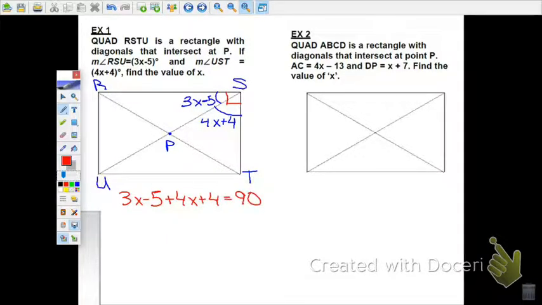So when I combine like terms, I have 7x minus 1 equal to 90. I add 1 to both sides, 7x equals 91, and then I divide by 7 to find that x is 13.